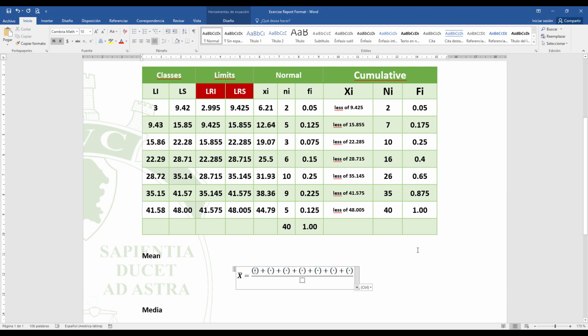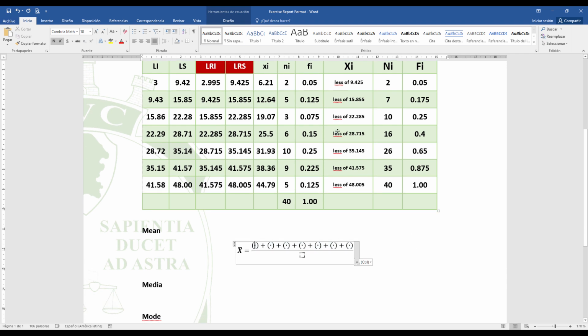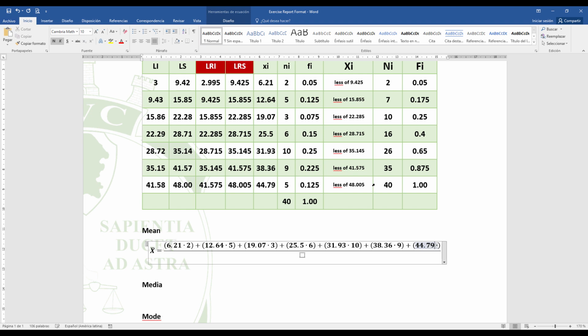Plus. You need to multiply again the class mark by the frequency, so it's 6 by 2 and 12, 64 by 5 and 19 by 3 and 25, 6, 31, 93, 10, 38, 6, 9 and 44, 79 by 5, divided by 40.